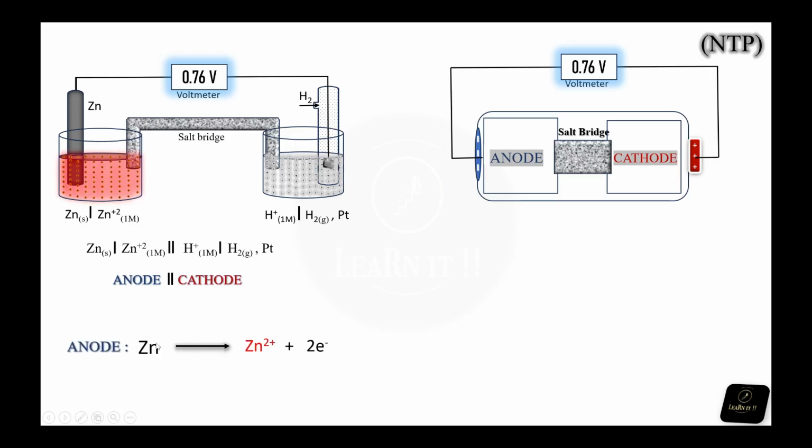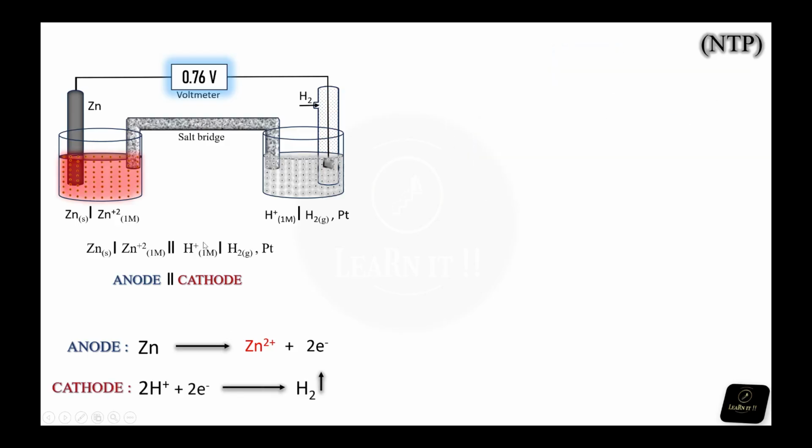So the anodic reaction is oxidation, that is zinc will convert into Zn+2 ion and gives the 2 electrons. So the concentration of this anodic solution increases. In the cathode, when these 2 electrons come, they will sit here.